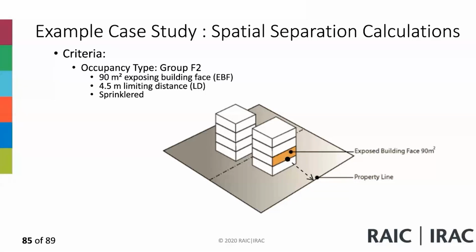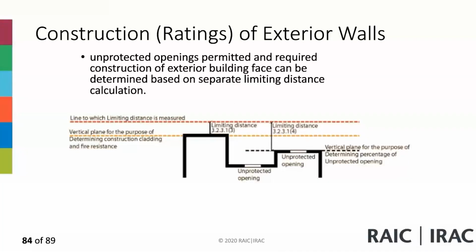And then you have multiple exposing faces, and you project it to the line that has the most, to one line. This is the way we do it. But if one fire compartment and that one building face has openings where the ratios are less than 3 to 1 and also over 10 to 1? But it's not the ratio of the openings, it's for the exterior wall itself. Oh, I see. Okay.